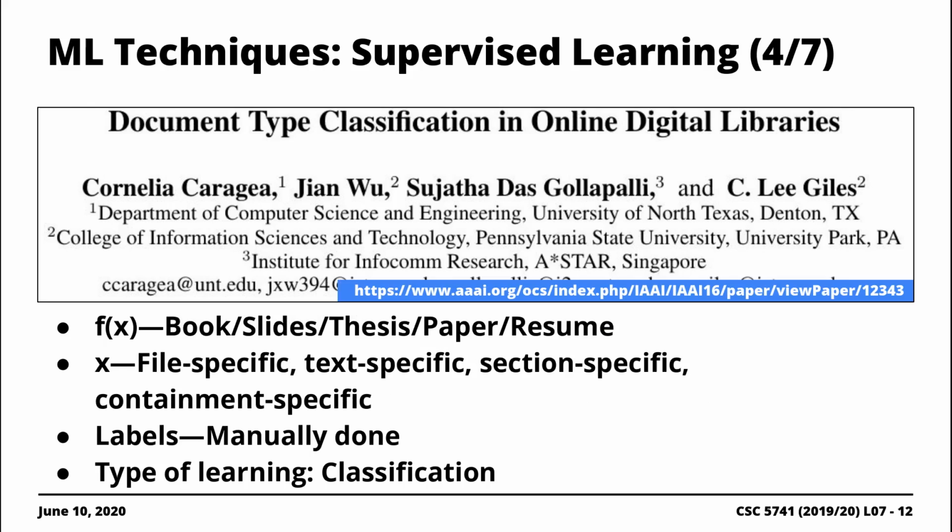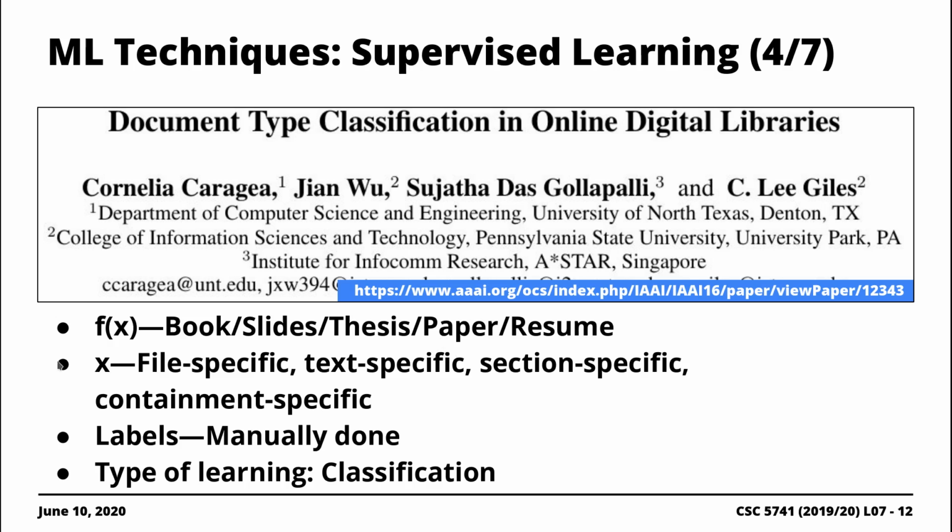Another common problem domain that people normally exploit is so-called document classification, right? What these people from Pennsylvania State University did in this paper is they were interested in trying to classify documents as either being books, presentation slides, thesis, or ETDs, or papers, or maybe resumes, right?